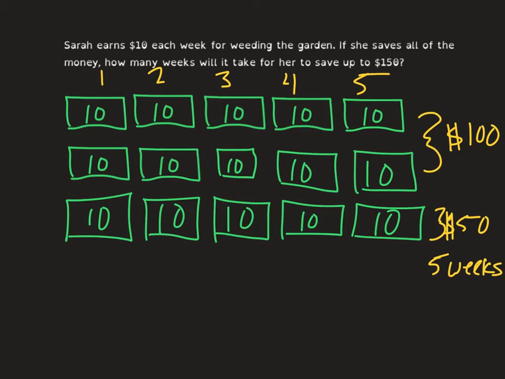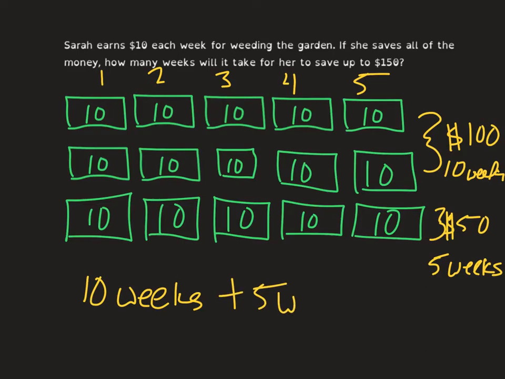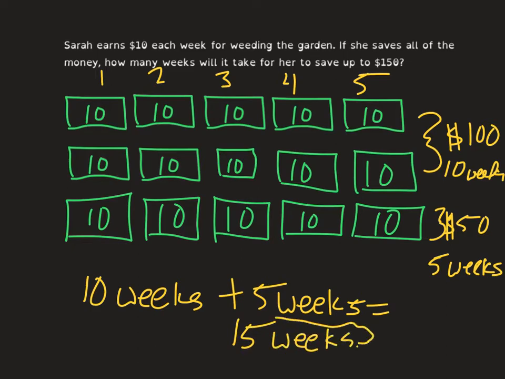So if we have 2 5s, we have a total of 10, or 10 weeks. So 10 weeks plus 5 weeks equals 15 weeks. It will take Sarah 15 weeks to earn $150.